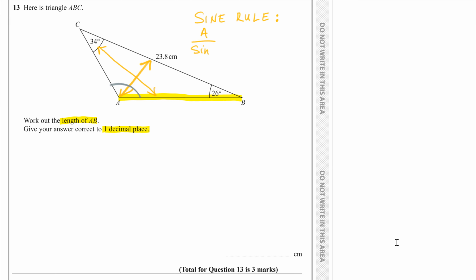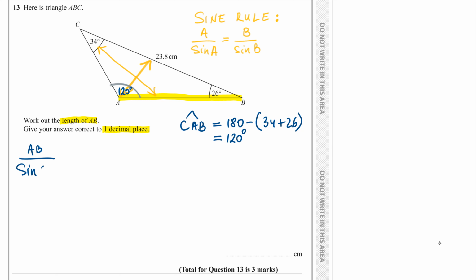A over sine A equals B over sine B. Sum of angles in a triangle add up to 180 degrees. Angle CAB is 180 minus (34 plus 26) equals 120. Applying the sine rule, the side AB over sine 34 equals 23.8 over sine 120.